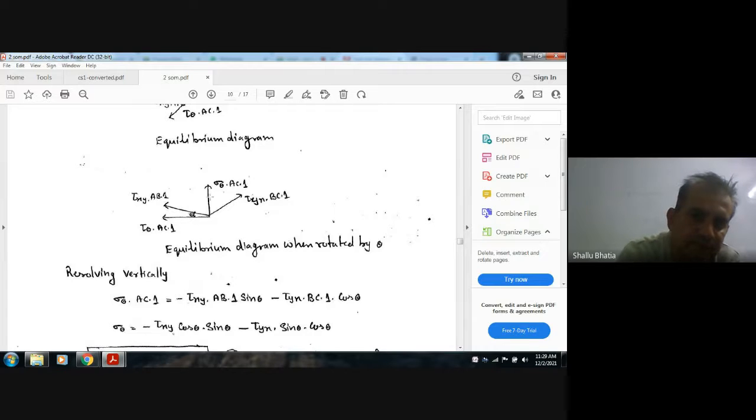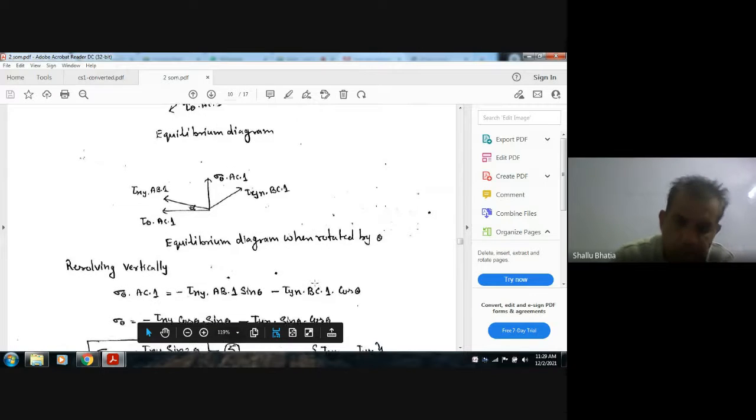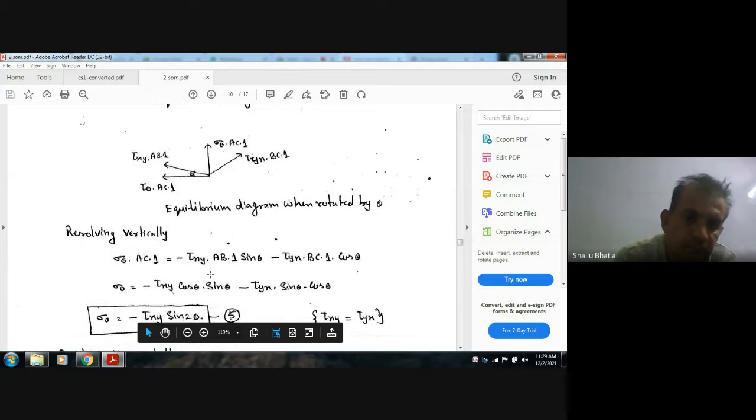So this is sigma theta AC1, this is tau theta AC1, this is tau xy AB1, this is tau yx AC1. So resolving vertically, tau xy AB sin theta is also vertical and tau yx BC cos theta is also vertical.